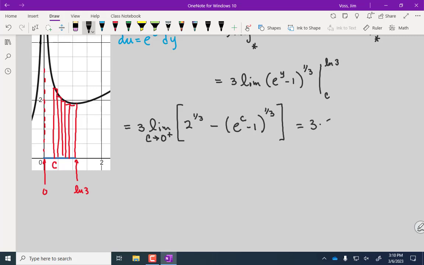So this part is going to 0, because if we plug in 0 for the c, e to the 0 is 1, 1 minus 1 is 0. Yep, exactly. And so anytime we have a limit at a constant, we always plug that constant in, and if we get a value, then that is the limit.